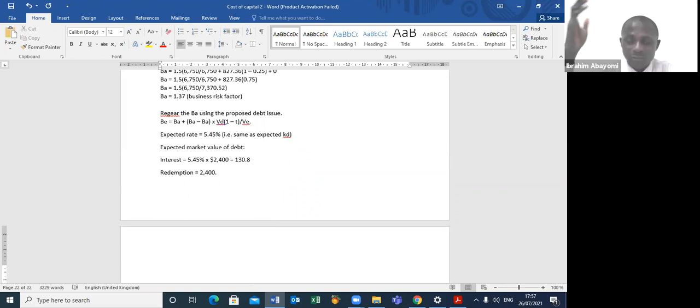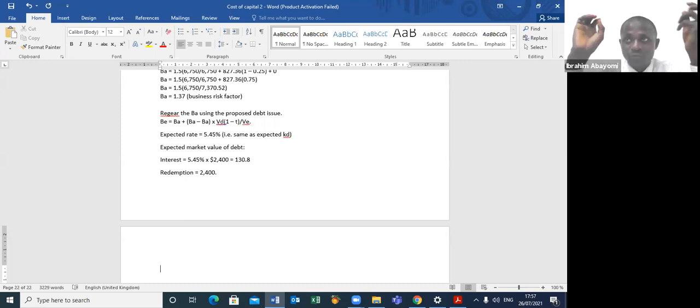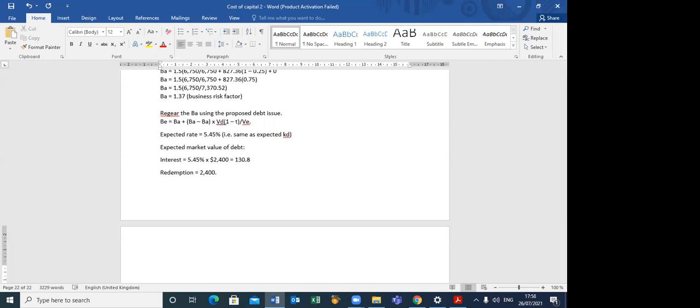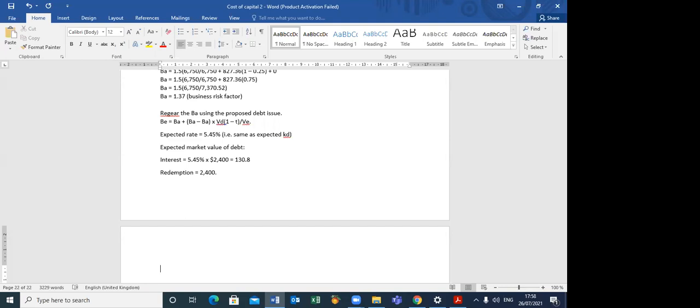Then you compute the redemption value using a premium. But where the question is silent, then you are going to assume that the debt will be redeemed at par. I believe these explanations are very clear. Please let them sink and ensure that you understand what we are doing.